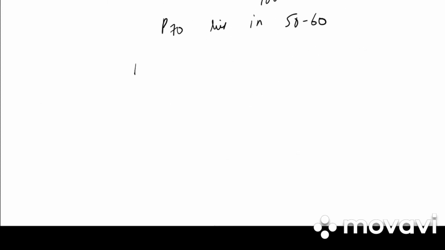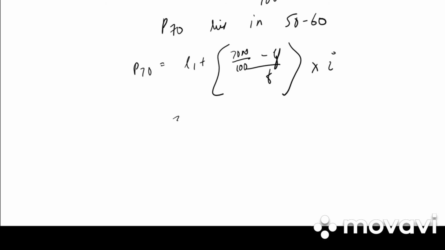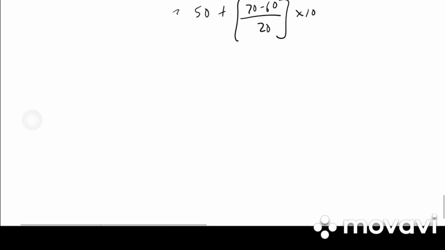So P70 is equal to L1 plus 70n divided by 100 minus Cf divided by f into i. 50 plus 70 minus 60 divided by 20 into 10. 50 plus 10 divided by 20 into 10. 50 plus 5, that is 55.